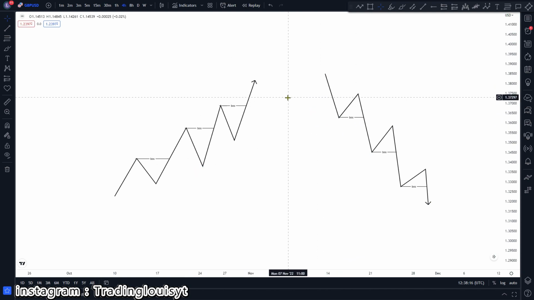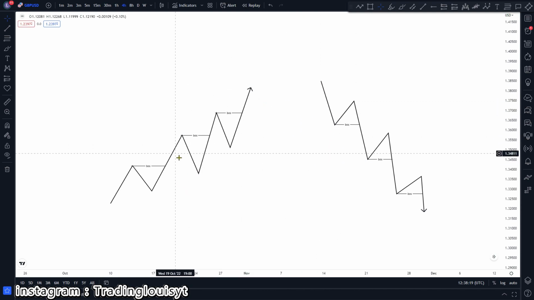Then what we can look at next is, this is on a higher time frame. So say these candles are all on a higher time frame. Let's say we look at the chart on a lower time frame. These candles right now are on a lower time frame.